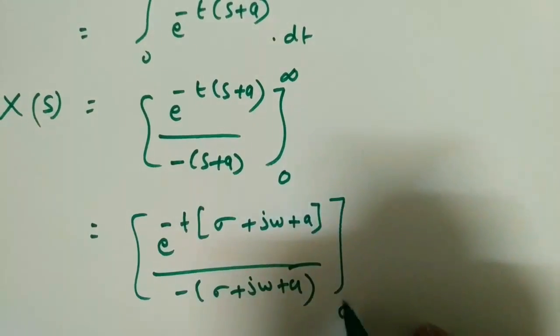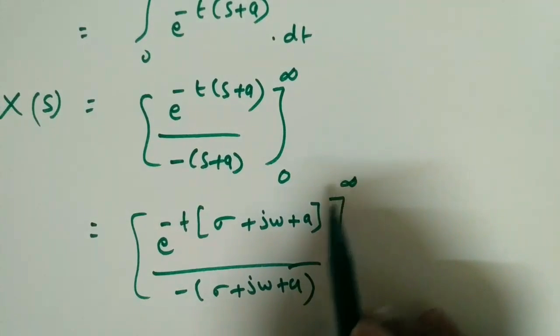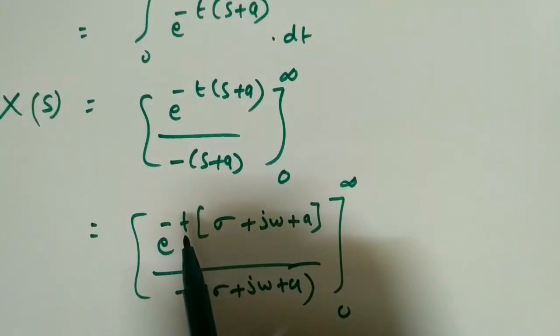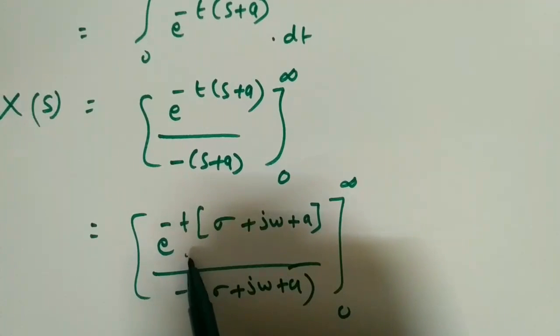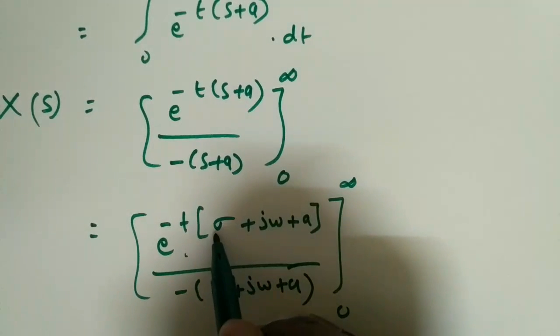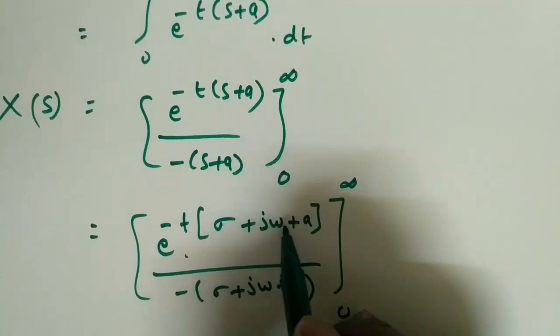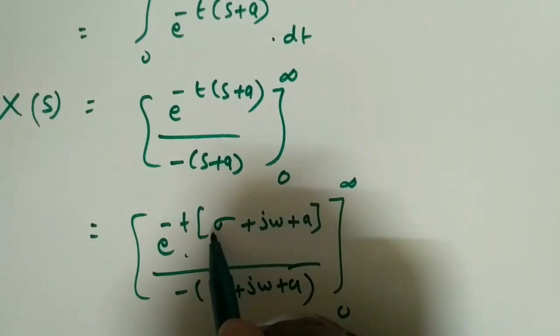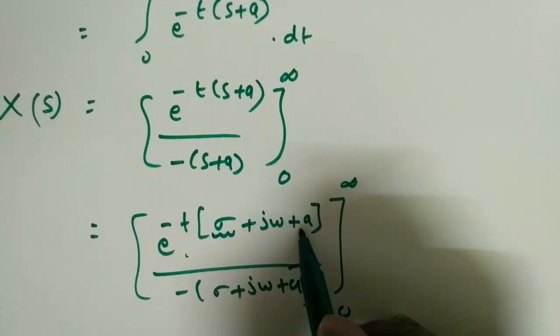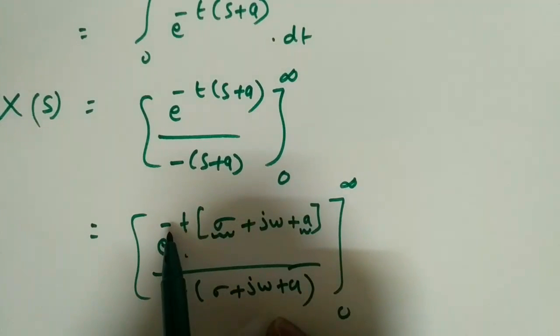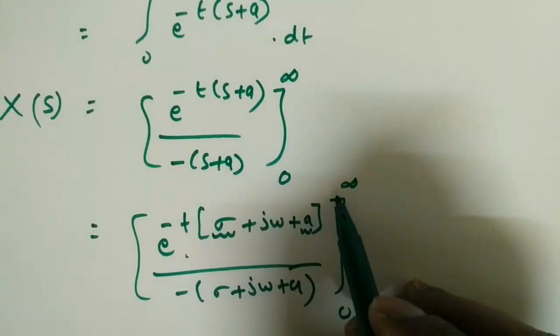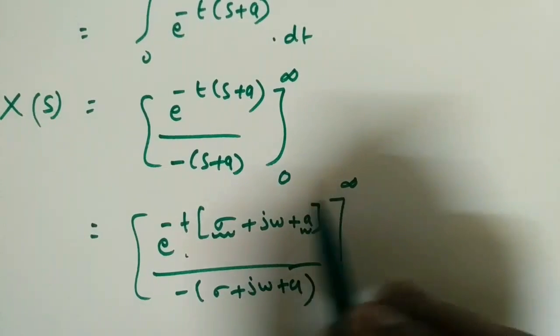And this is 0 to infinity. Now if I apply t equal to infinity, it will become e power minus infinity, unless, anyway omega cannot be a negative value, but sometimes this sigma plus a may be negative, so negative into negative becomes positive, and e power infinity will become infinity.